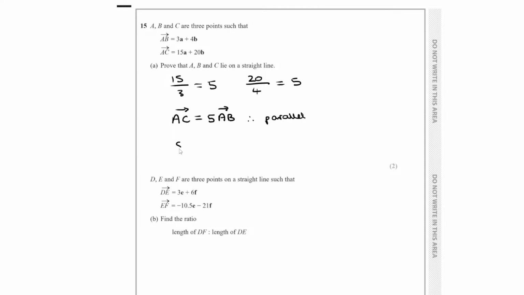And then I would write something like share point A in common, or however you want to word it. Therefore, straight line, because if you've got 2 parallel lines, but in this case they both start from point A, well, they must literally overlap and create a straight line, mustn't they?